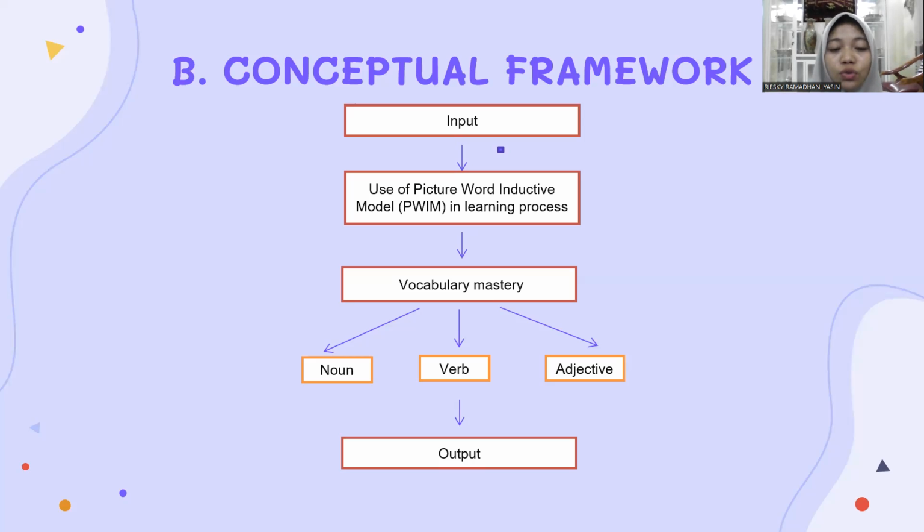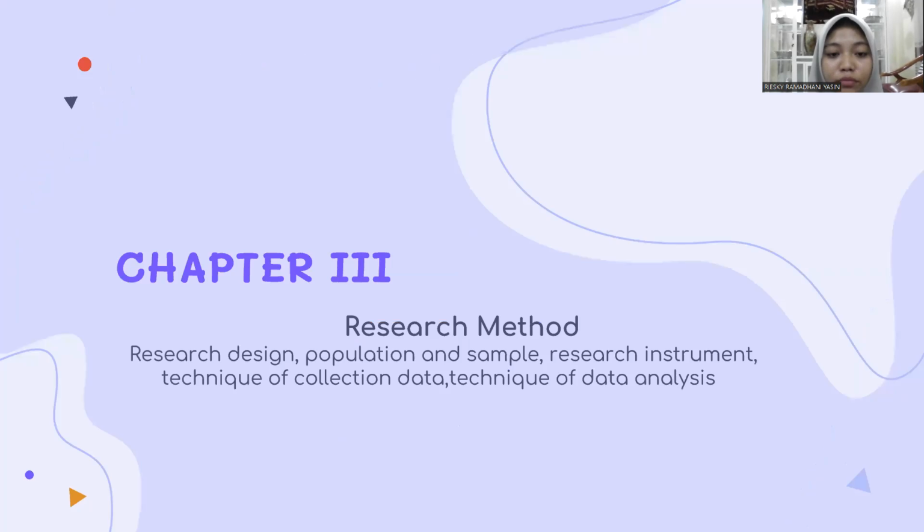Process refers to knowing the use of picture word inductive model in the learning process on students' vocabulary mastery. The author gives pre-tests and post-tests that focus on nouns, verbs, and adjectives to find out students' vocabulary mastery. Output refers to students' improvement in vocabulary mastery after using picture word inductive model or PWIM.